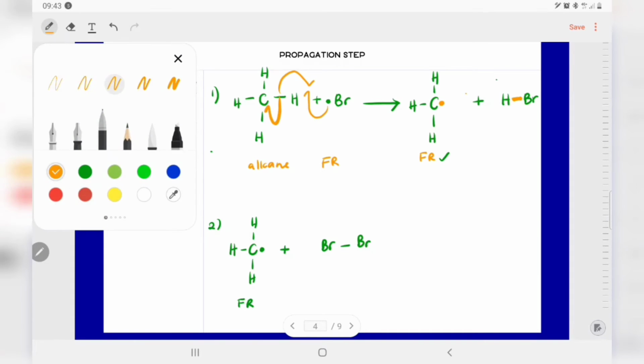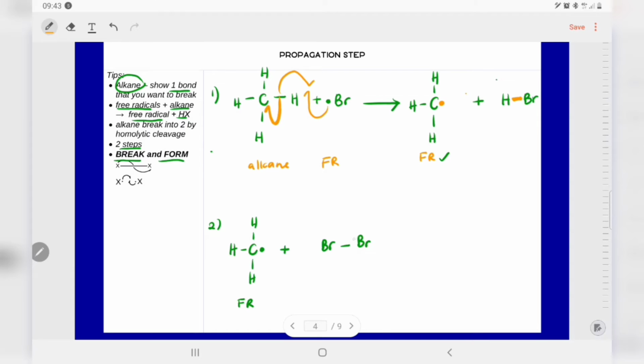Jadi, apa yang dia akan buat? Sama konsepnya, the bond between Br will break. Okay, so one bond has 2 electrons. So 1 electron goes to Br at the right, 1 electron moves to the left. But Br at the left must form a bond with C. So C gives 1 electron, Br gives its 1 electron and forms the product.